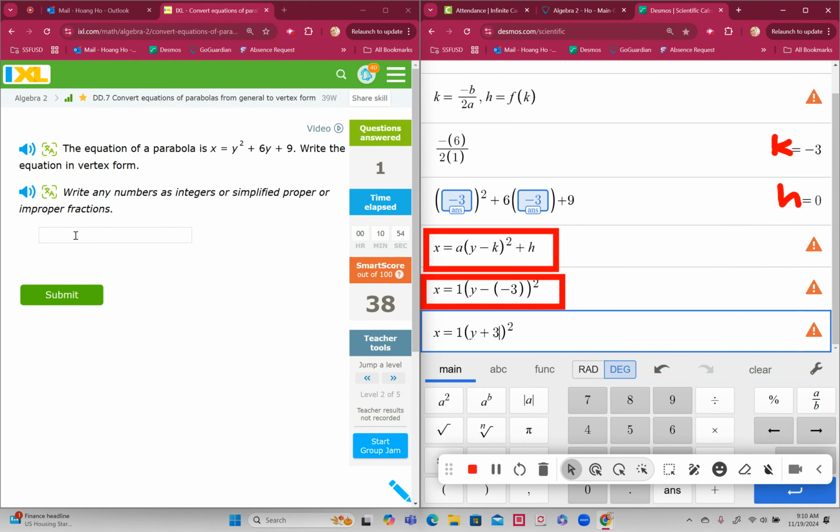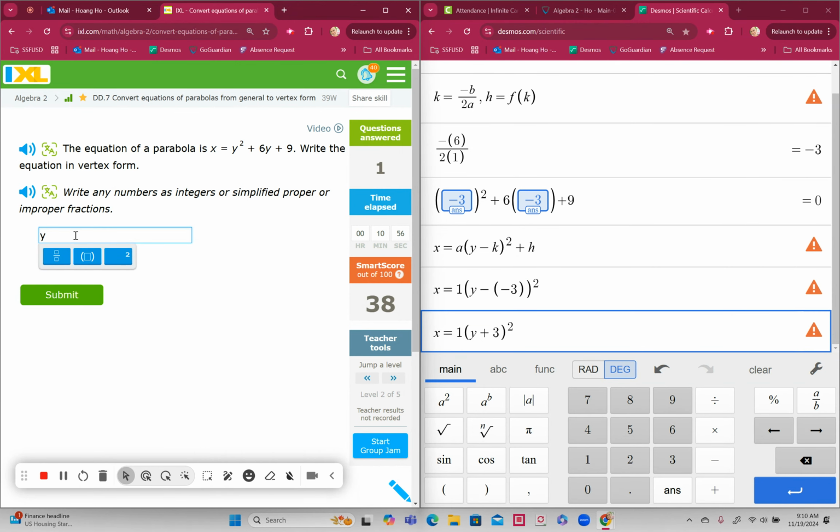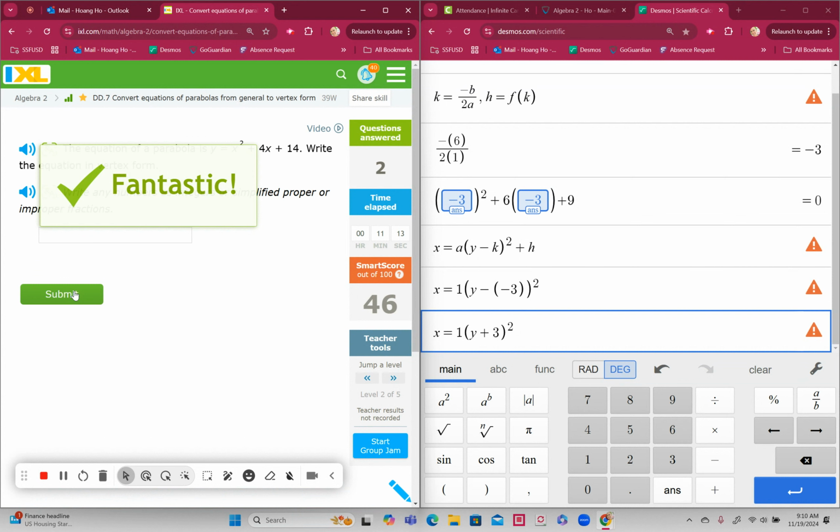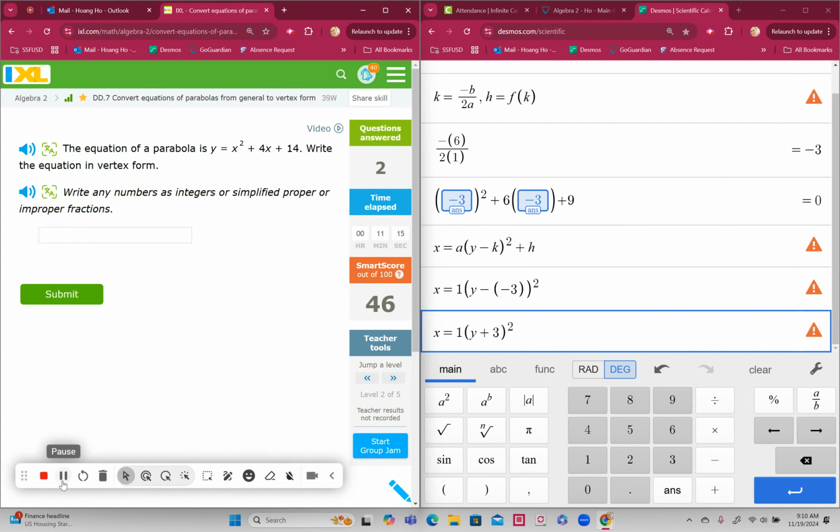Okay, so let me put it in right here. x equals 1, you can put it in the front as a, you don't have to. Plus 3, okay? Do not forget the square. So now I submit, I should be correct. Here we go. Voila.